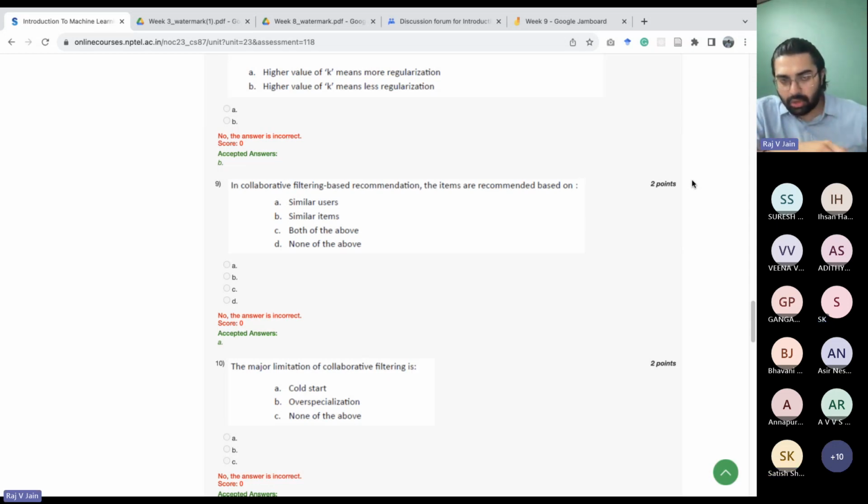Because at the end, in collaborative filtering, when we looked at items also, it was user ratings which you use to define the similarity of items. So at the end it comes to users, and you say that collaborative filtering is only similar users. Is that clear?